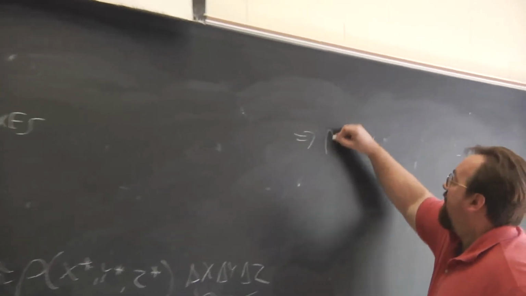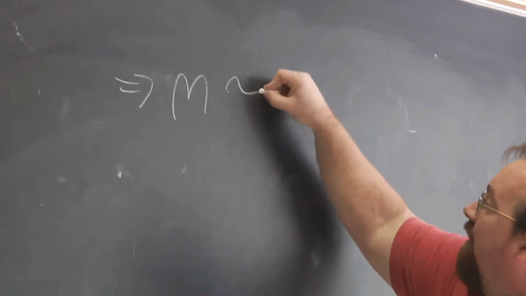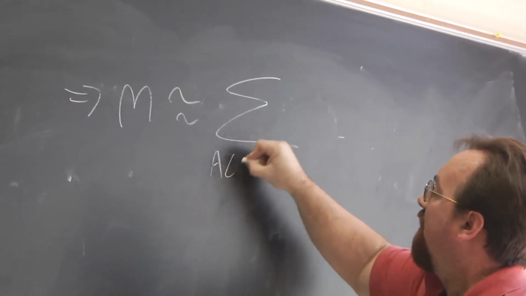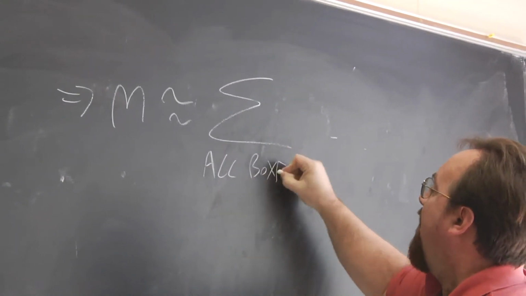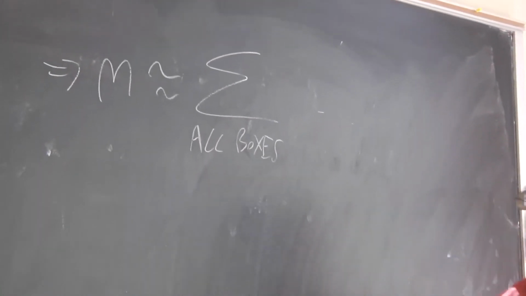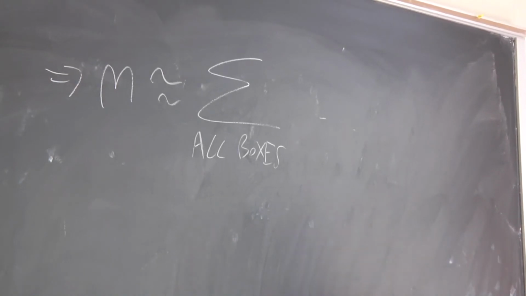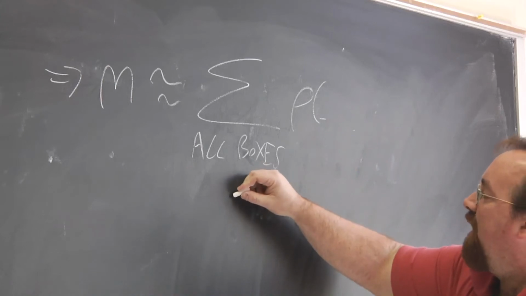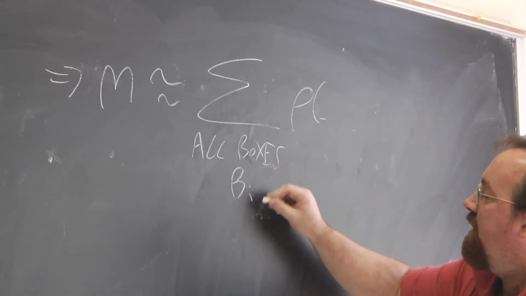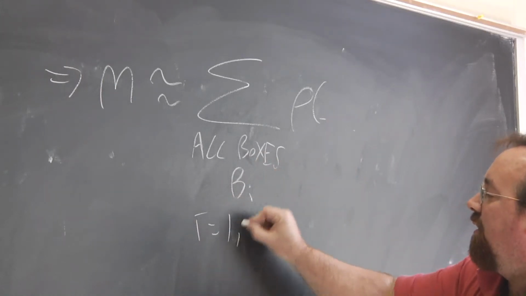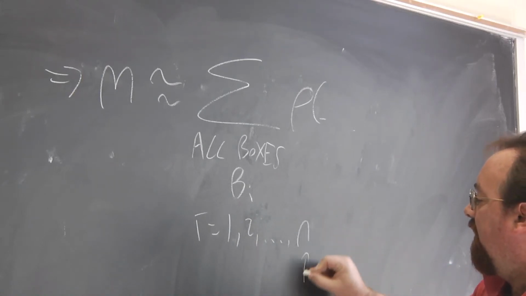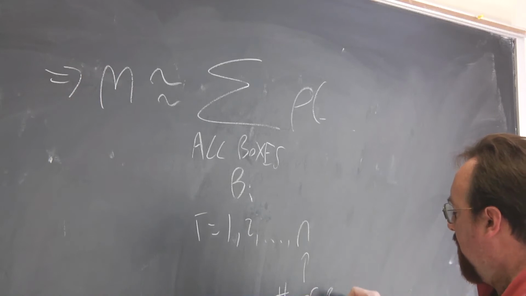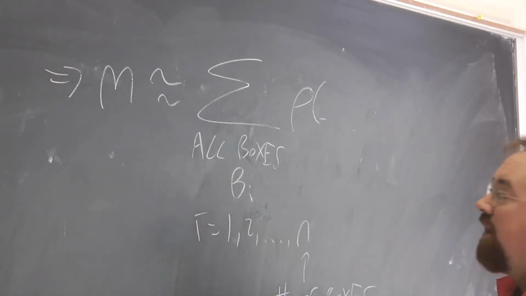So that would mean that the mass can be approximated by a sum over all boxes that represent the entire region. I'll call these boxes B_i, where i goes from 1 up to n, the total number of boxes that you have.